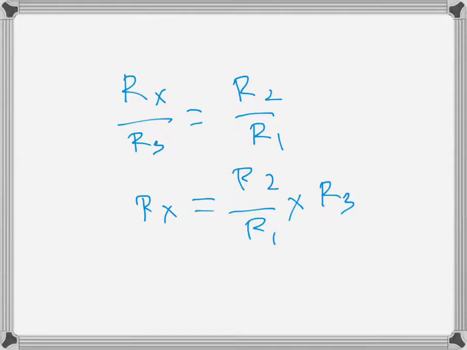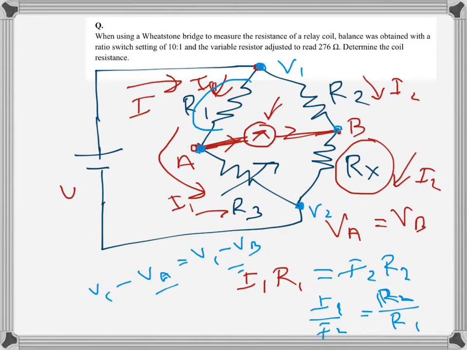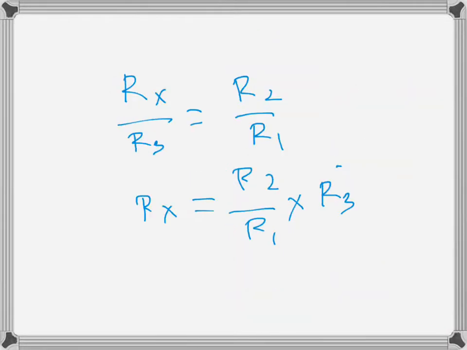So this is the variable resistance R3, and the problem says the variable is 276.